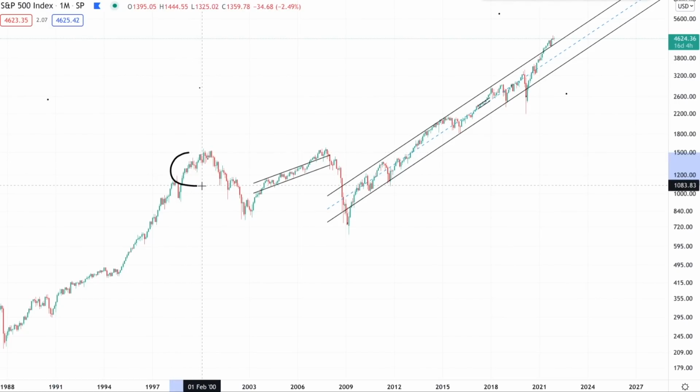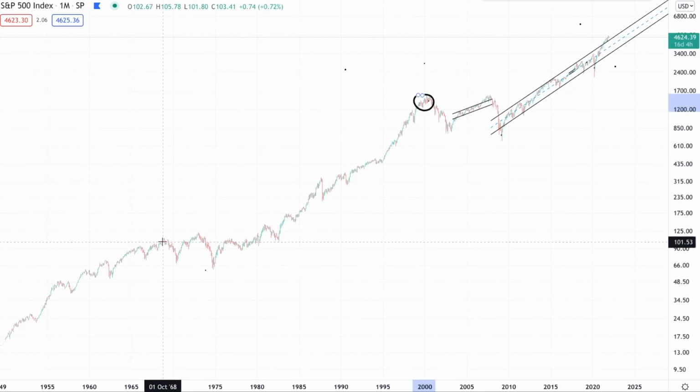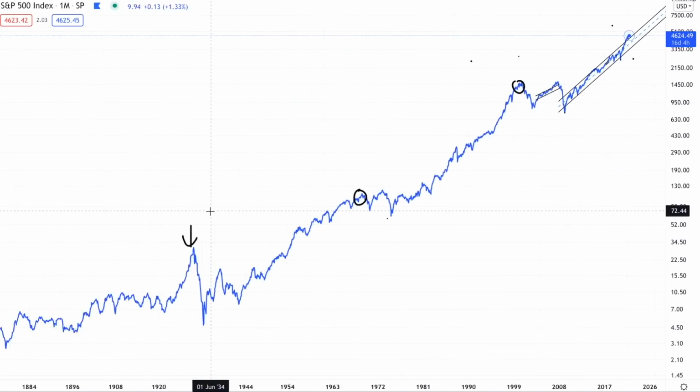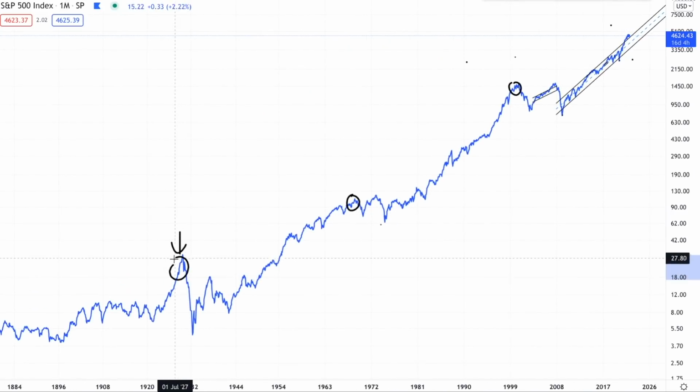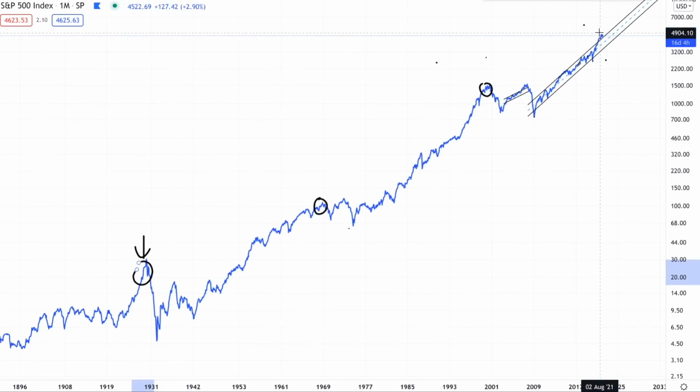So similar to the late 1990s and similar to the late 1960s or even the late 1920s, I think it's a very good time right now to learn how the financial markets work, learn how macroeconomics work, learn what influences asset prices. There's an abundance of information online.